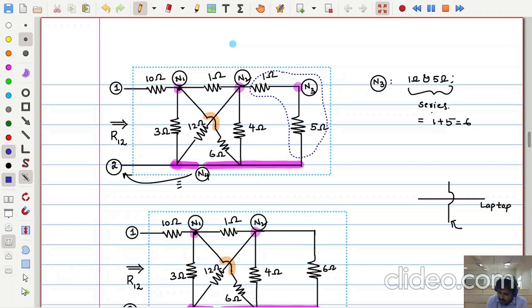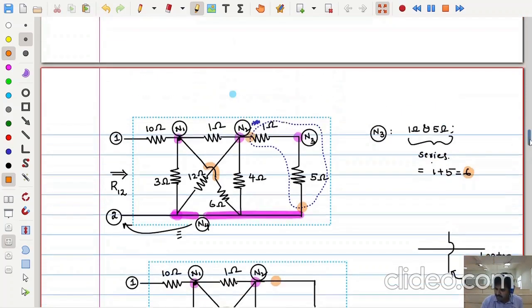Where this thick blue color box is connected, one side is at N1, other side is at N4. So we should connect the result of 6 ohms also between those points. That must be clear for everyone, otherwise things will go the wrong way.